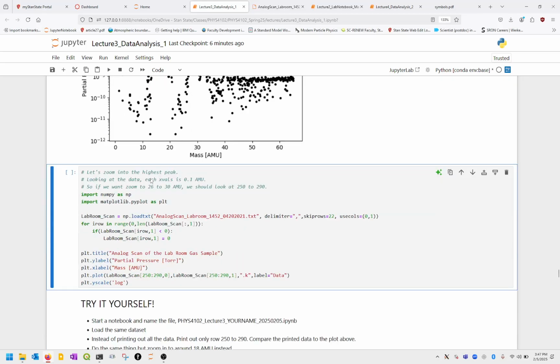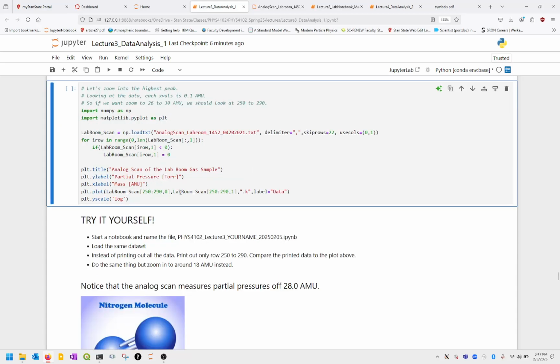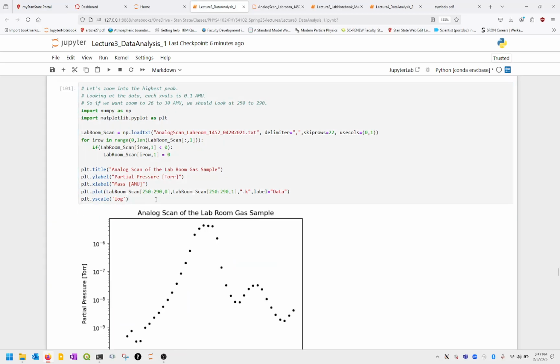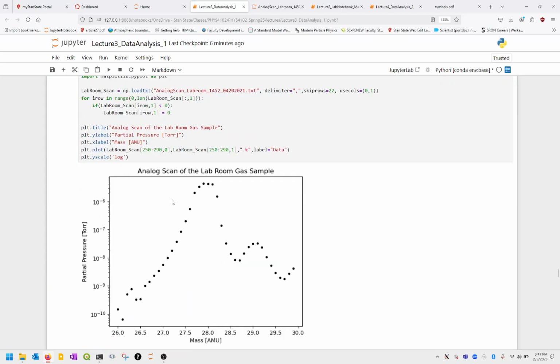I can tell it to only give me elements from 250 to 290, and these have to match each other, because without a one-to-one correspondence between x and y, it won't know what to do. If you just give it an x, it doesn't have a y, so you can't plot it. And this is the zoomed-in part around 28 AMU.